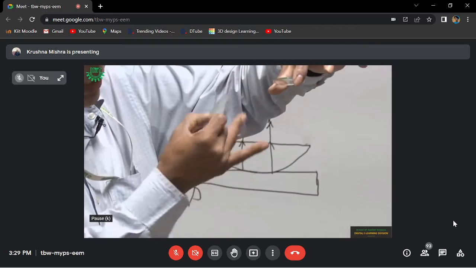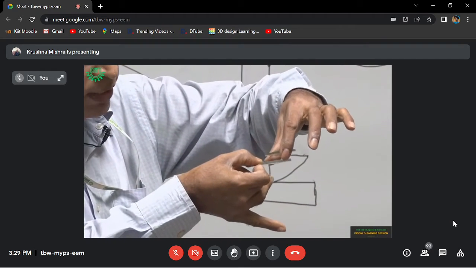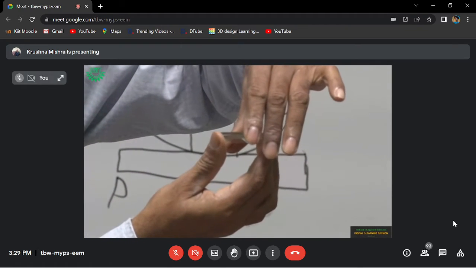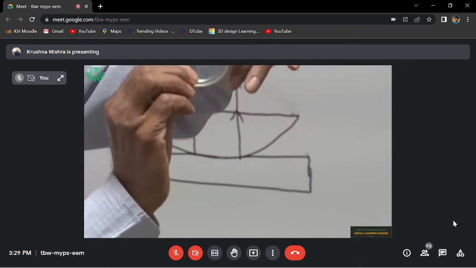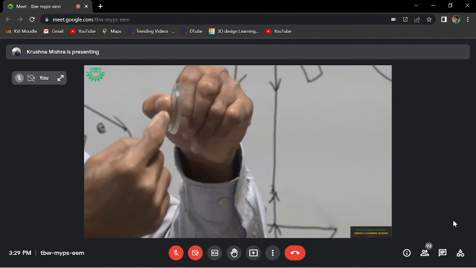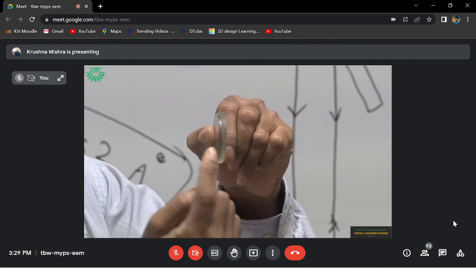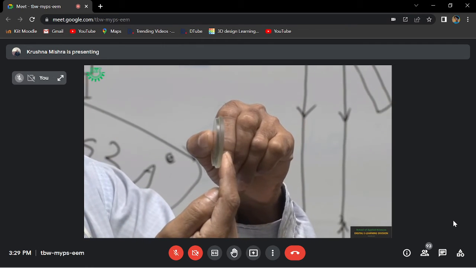The convex side of the plano-convex lens is kept in contact with the plain glass plate P, so that an air film is produced in between the plano-convex lens and the plain glass plate.